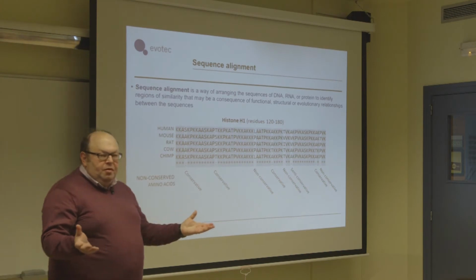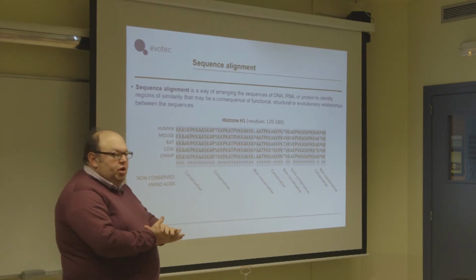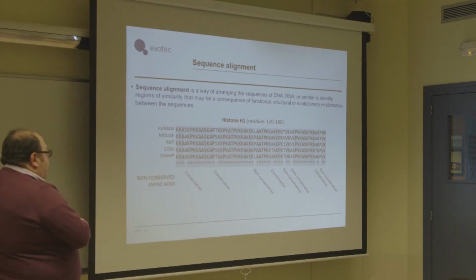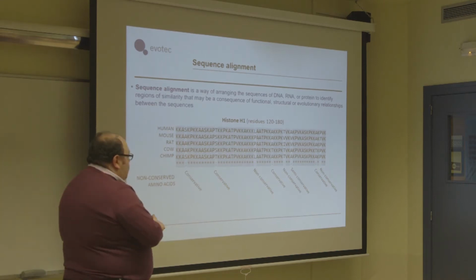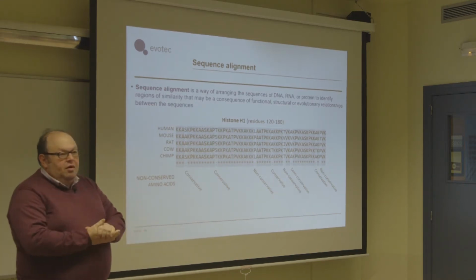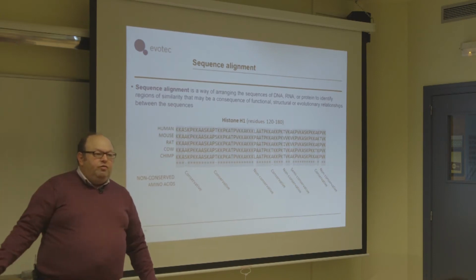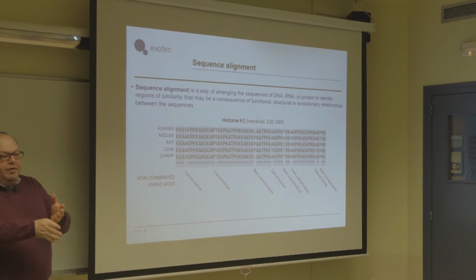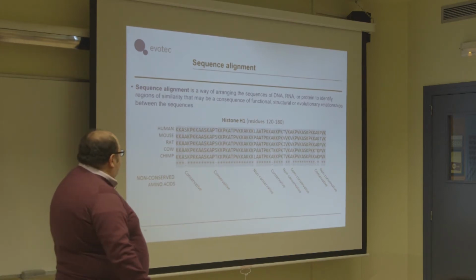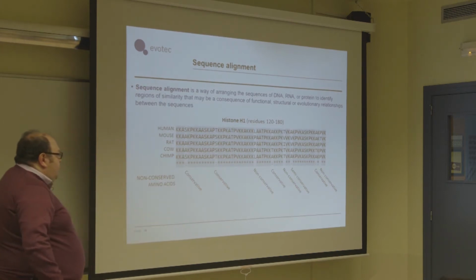So how do you compare proteins? To compare proteins, usually you compare their sequence. They have amino acids, 20 amino acids. There's a certain order of those amino acids, and you compare them one to the other. That's called sequence alignment.